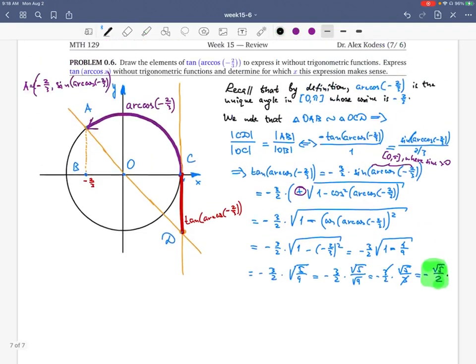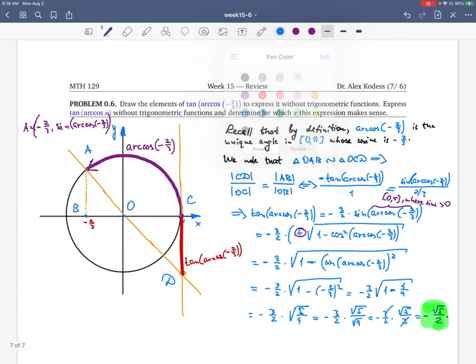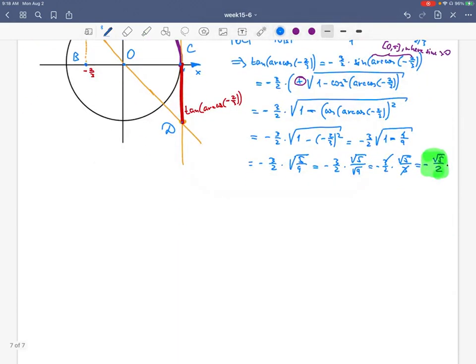When we want to express tangent of arc cosine x, it simply is, by definition of tangent, sine over cosine. That was simply the definition of tangent.